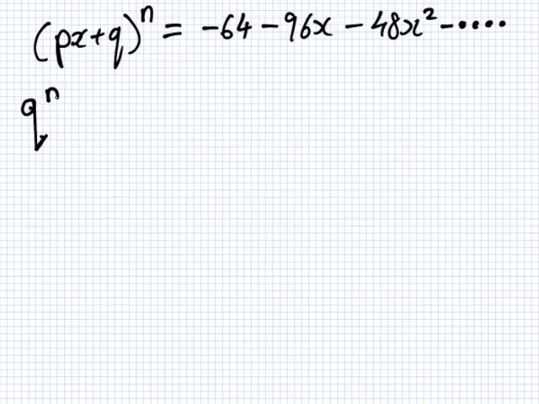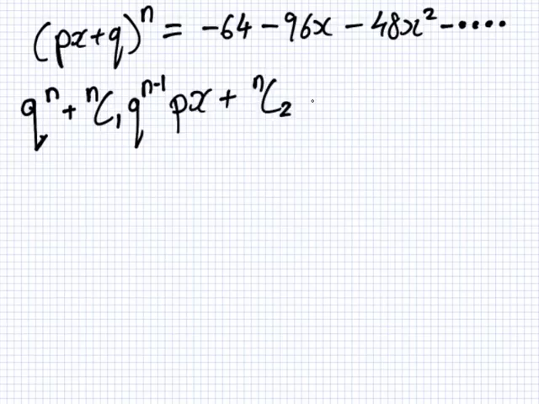q^n plus nC1 q^(n-1) px plus, and what's next? nC2 q^(n-2) p squared x squared equals that expression we have on the top.